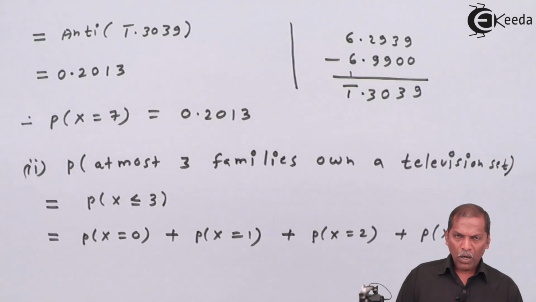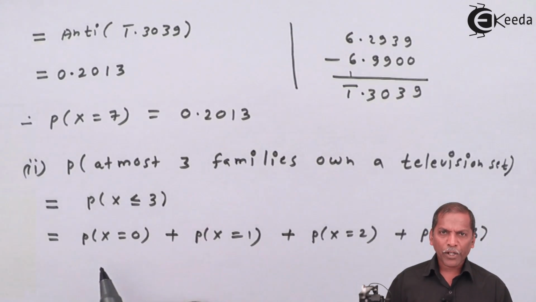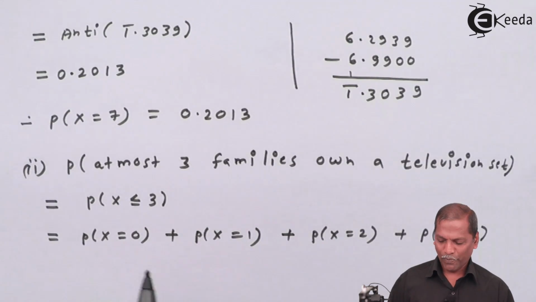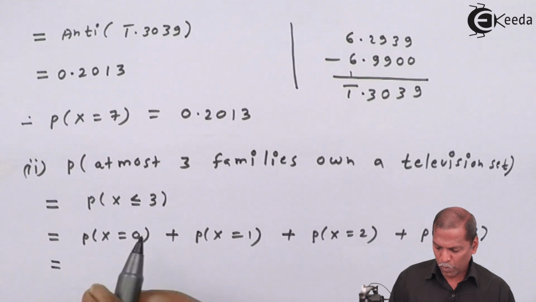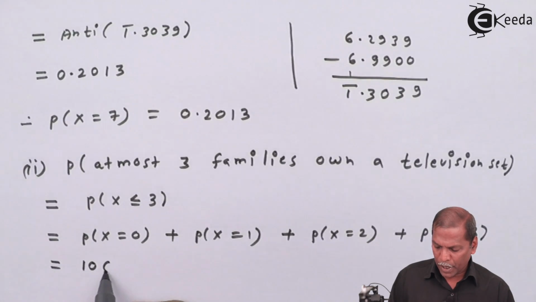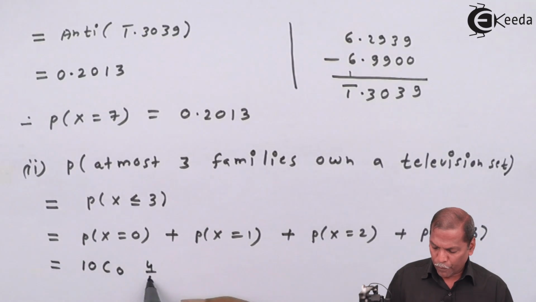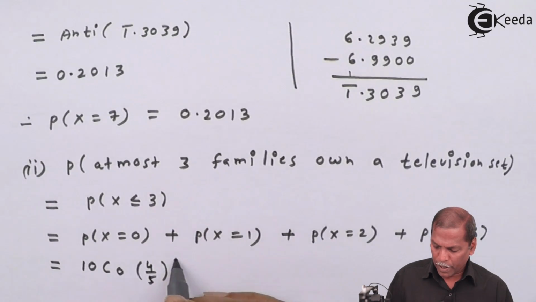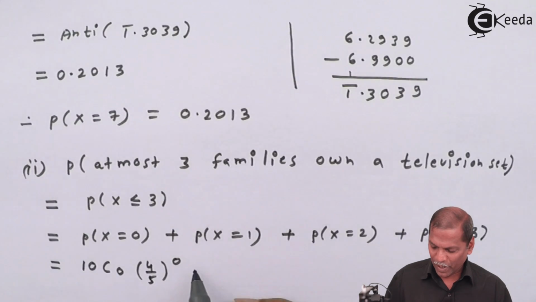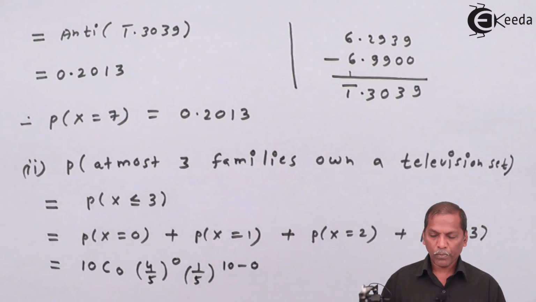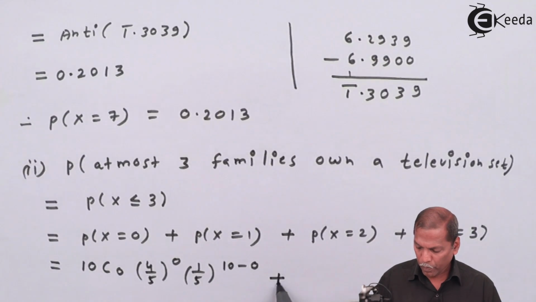First of all, we go for the calculation of probability x equal to 0. So that is equal to 10C0 into 4 upon 5 raised to 0 into 1 upon 5 raised to 10 minus 0, then plus.